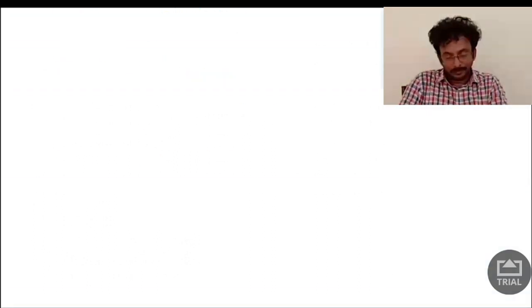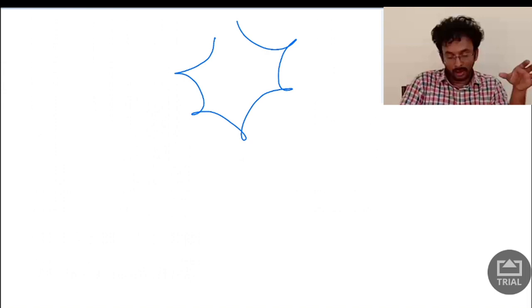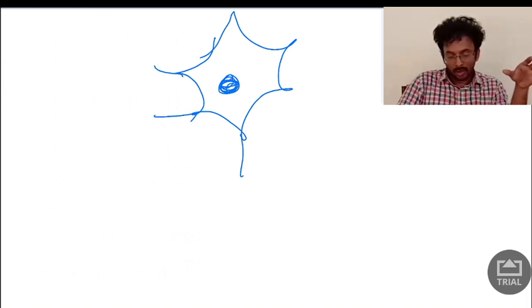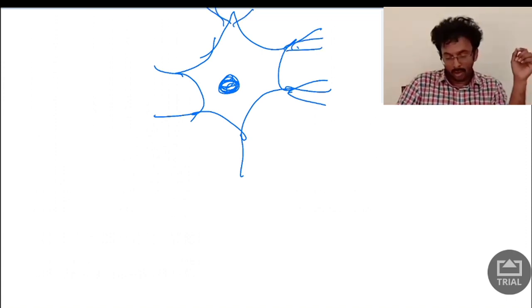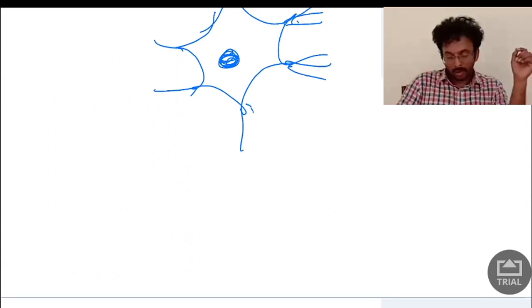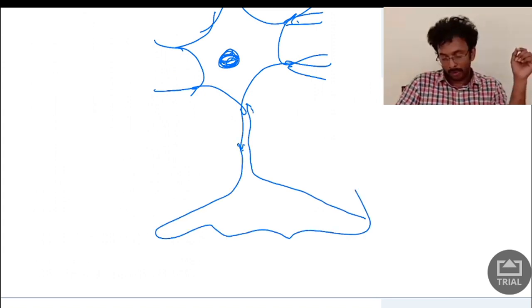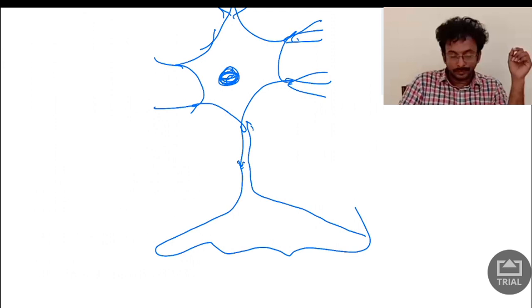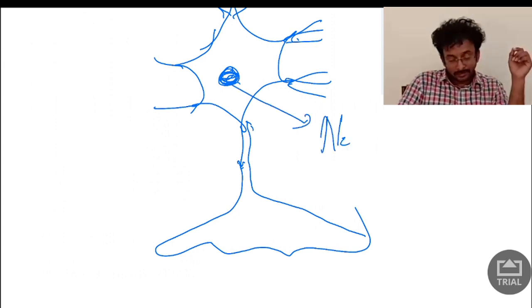Neuron has a nerve cell. This is called the axon.